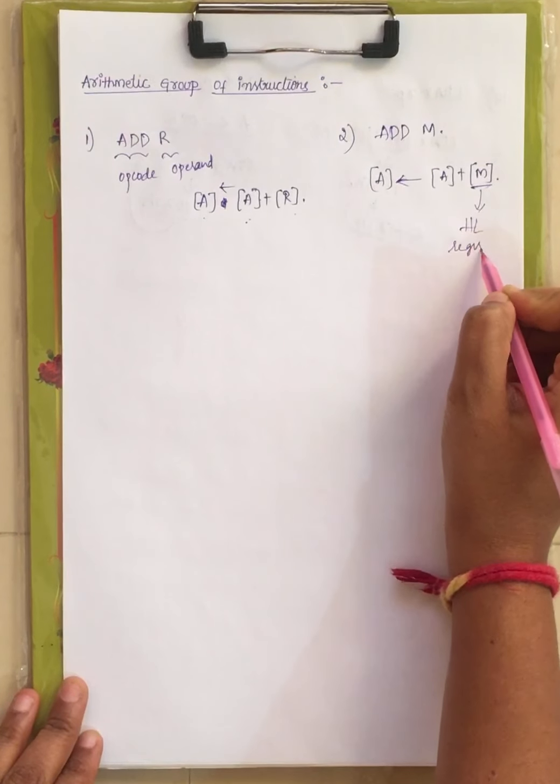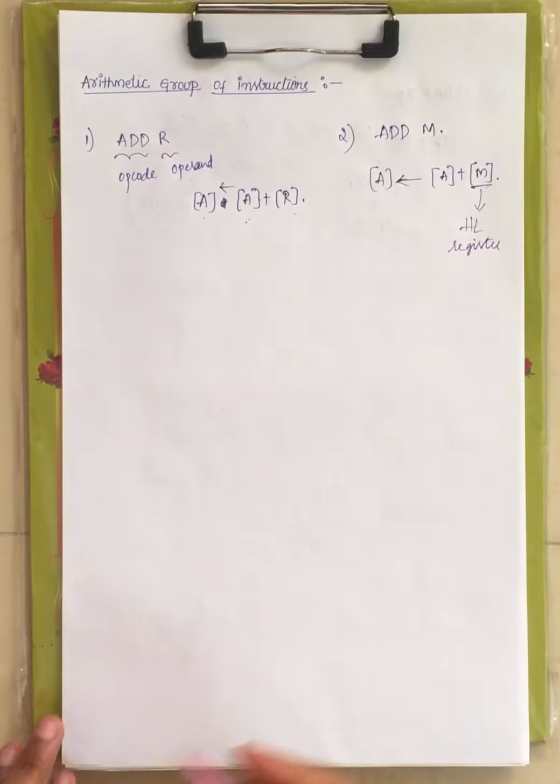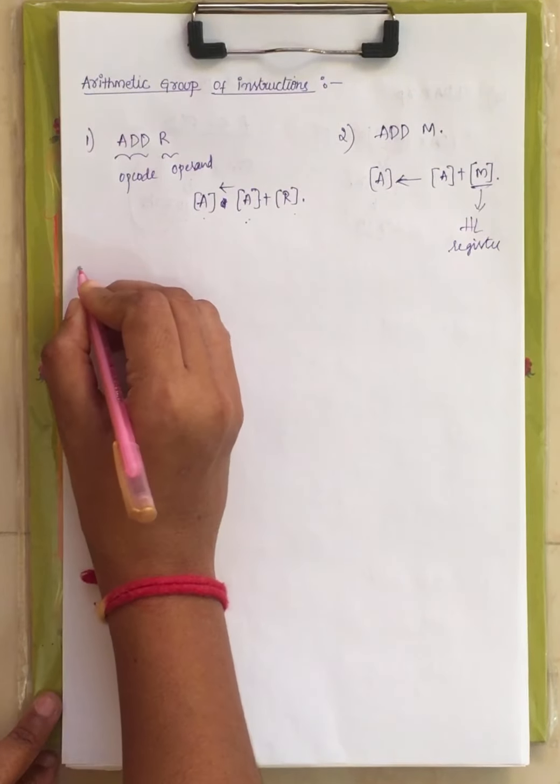We have register pairs such as BC, DE and HL, and that memory location is pointed to by HL. Whatever hexadecimal data is stored at the memory location pointed to by the HL register pair is added with the contents of the A register, and the result is stored in the A register itself. That is the second instruction.